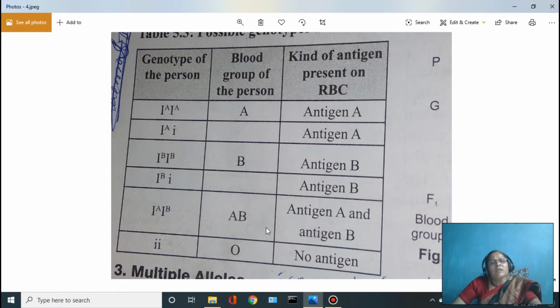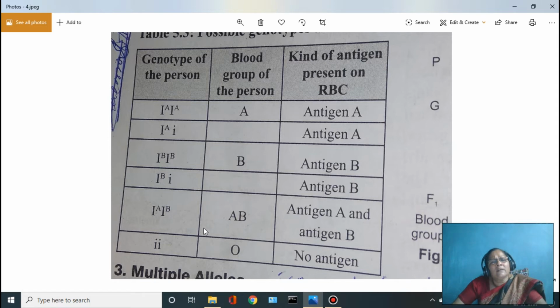In the ABO system, when we study human beings, there are 15 different types of blood groups, major and minor. ABO is a major blood group system.